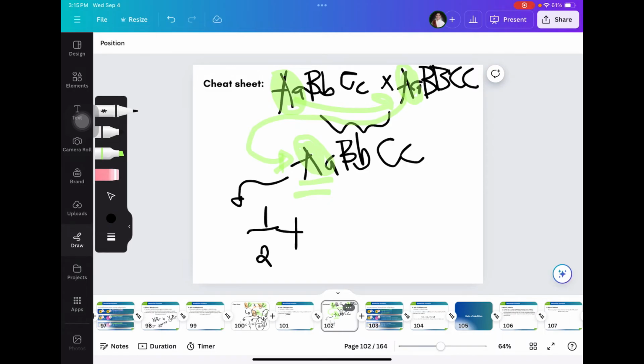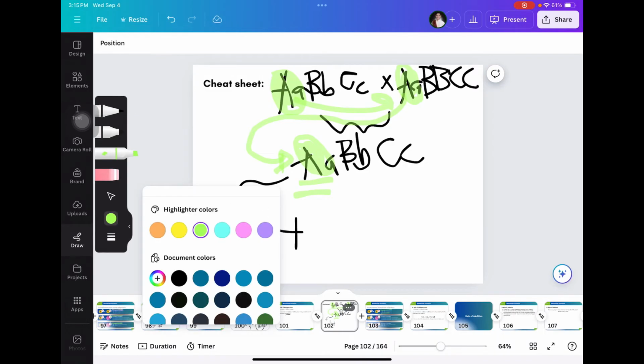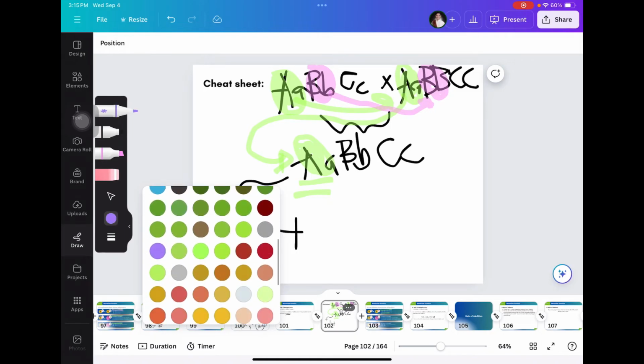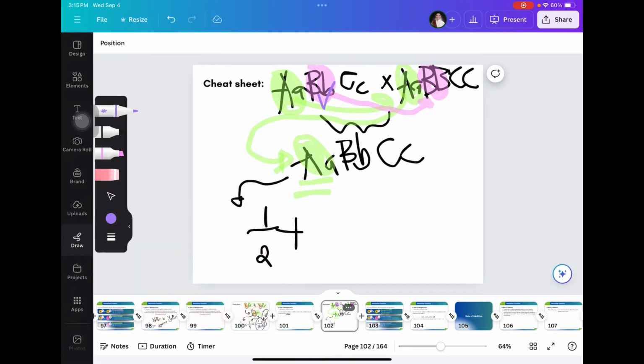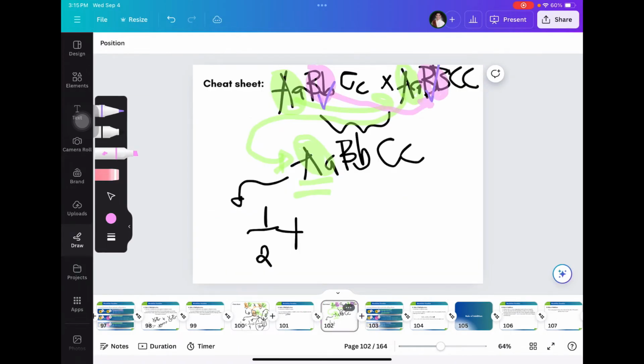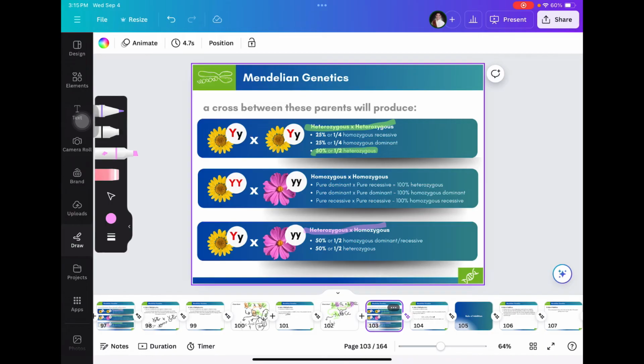Let's move on to the second trait. We have here trait number 2 multiply to this one. Now this one is a different combination because we have here one heterozygous and one homozygous dominant. So let's look at our cheat sheet, which is this one, since one heterozygous and one homozygous dominant.